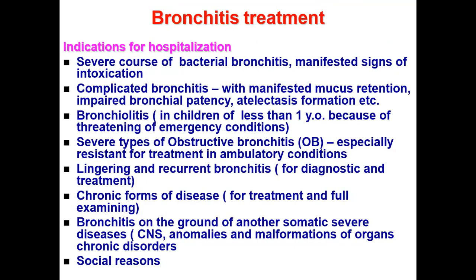Bronchitis treatment. Indications for hospitalization: severe course of bacterial bronchitis, complicated bronchitis with manifested mucus retention, bronchiolitis in children less than 1 year old because of the threat of emergency conditions, severe types of obstructive bronchitis, lingering and recurrent bronchitis, chronic forms of bronchitis, and bronchitis on the ground of another somatic disease, and social reasons.